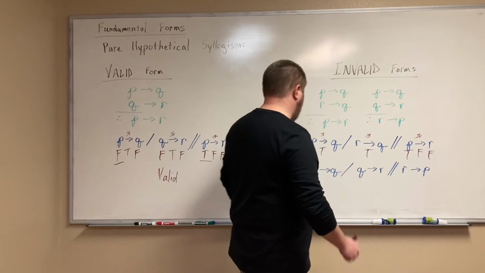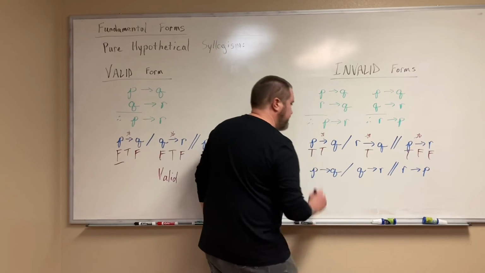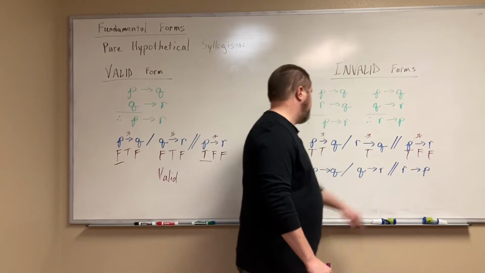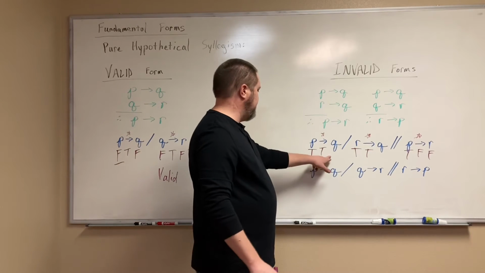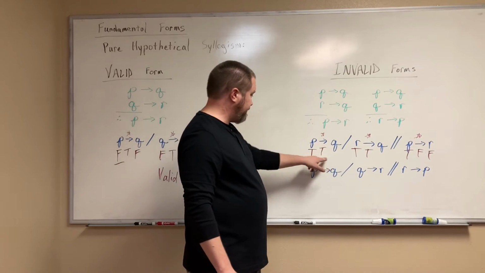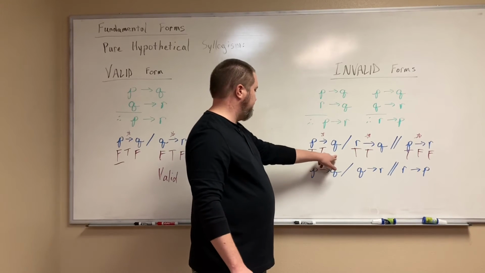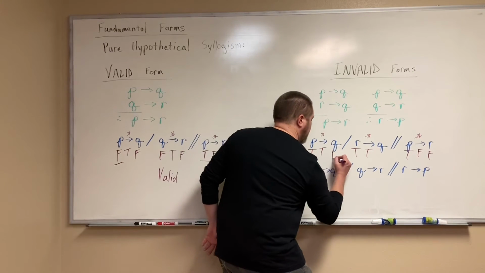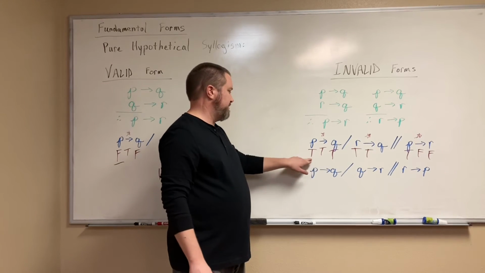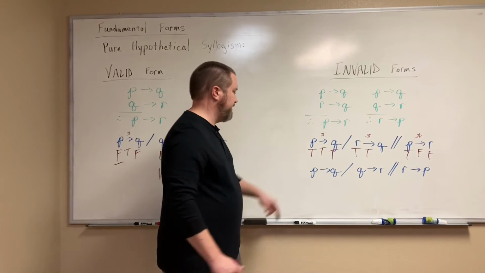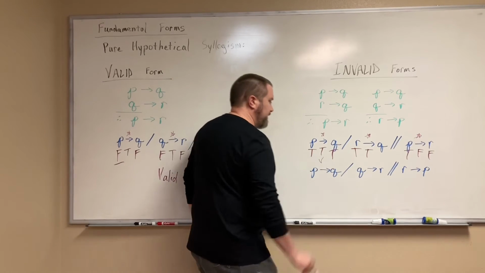So already we know that P is true. We know that R is true. So let's look at each statement. So Q has to be true there. If it wasn't, then the conditional would be false, and we've already stated that. So that statement looks good.